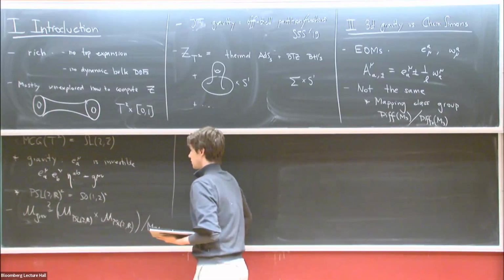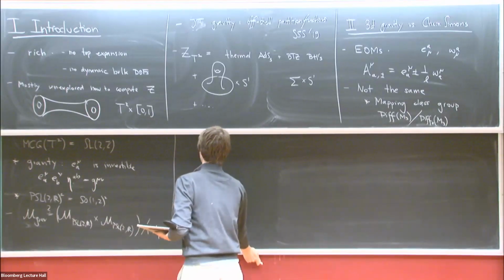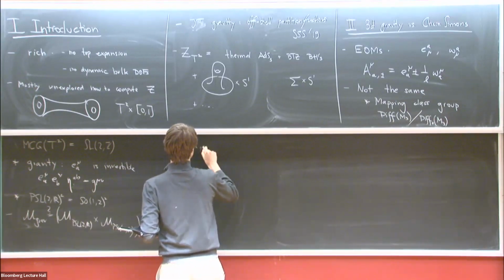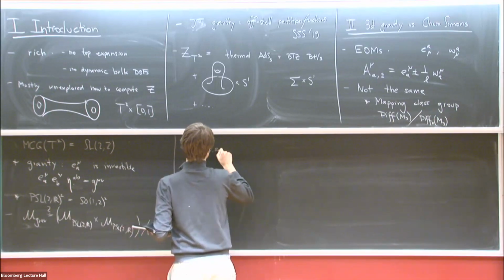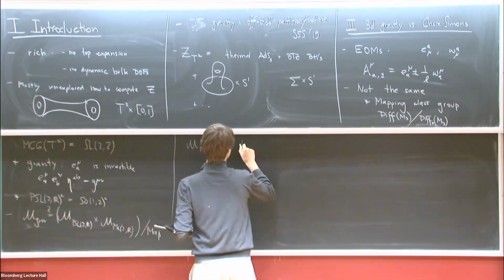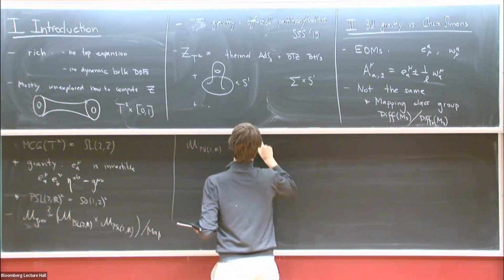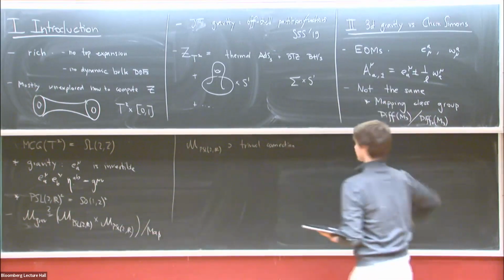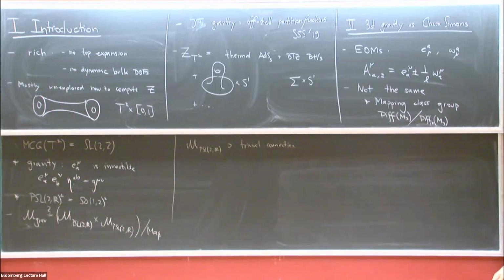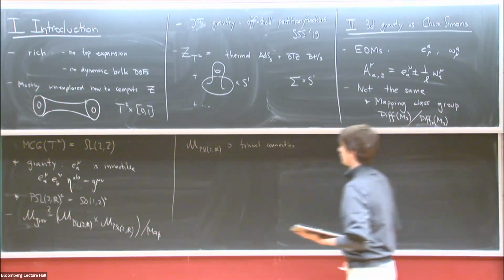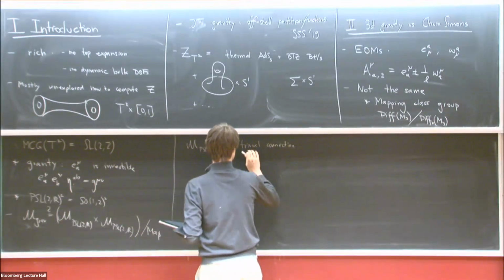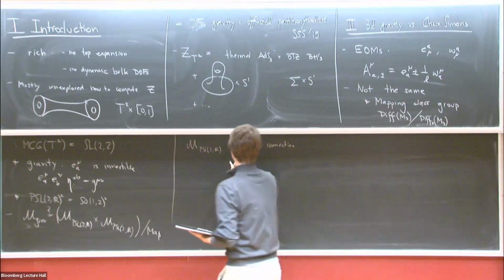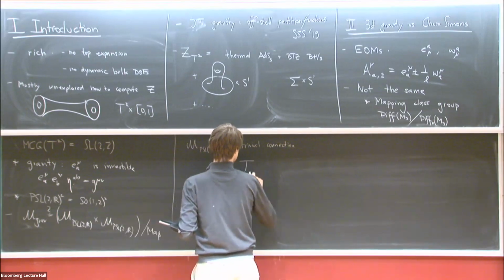For example, let me just mention 2 components. We have the trivial connection in there. That was the trivial solution that we found before that we didn't want to associate with any gravity solution. So that's a bad PSL2R connection that we want to throw out. But we also have what's known as a Teichmüller component.